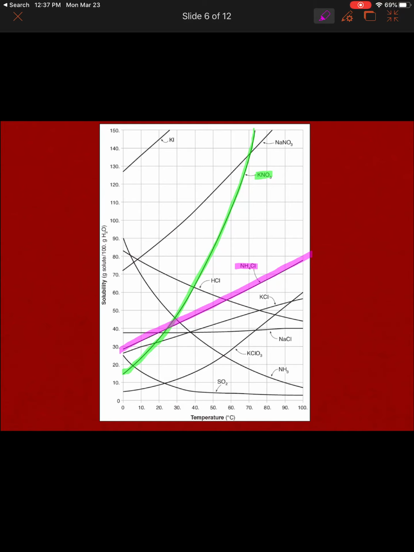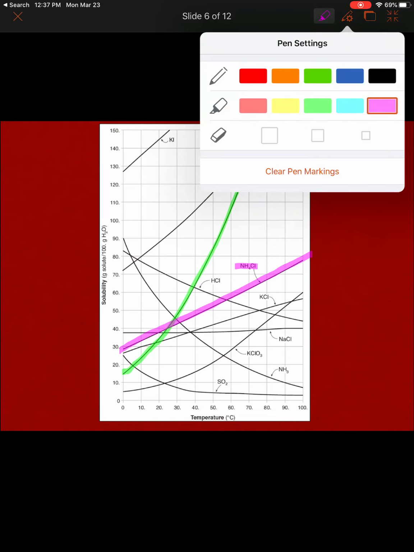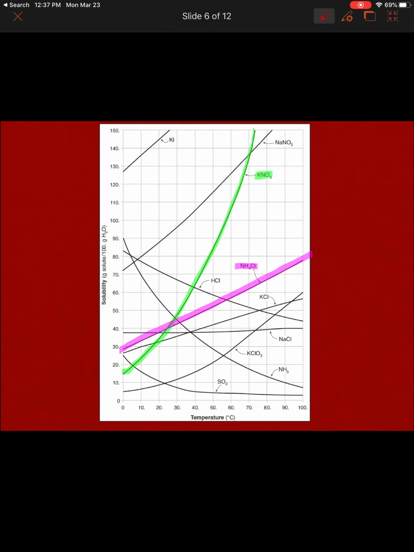Now, this entire set of axes, because if you notice, there's a grid and there are curves drawn on this grid, much like plotting lines. If you look at this entire set of axes, the x-axis is temperature, and the y-axis is solubility.